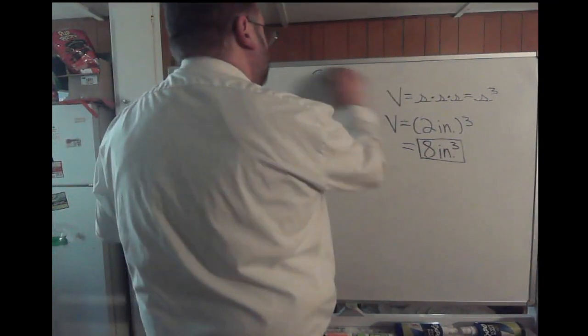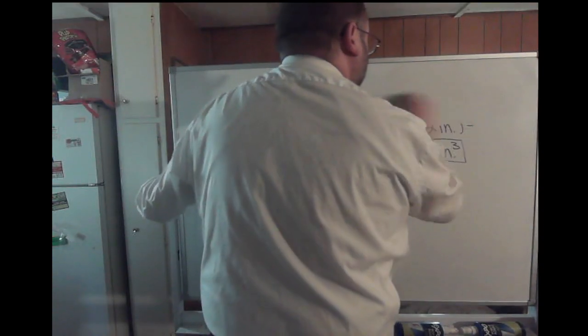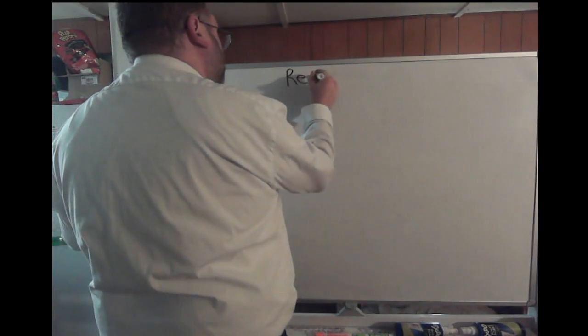Now let's get into some prisms here. We're going to do a rectangular prism and a triangular prism, then we'll go on to cylinders. So let's do a rectangular prism.